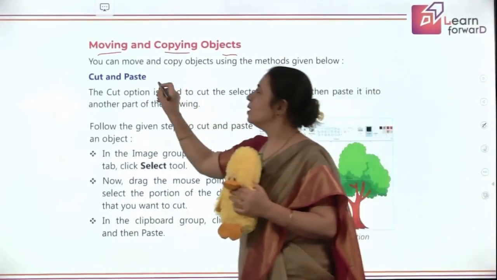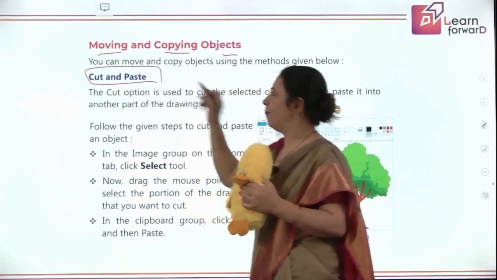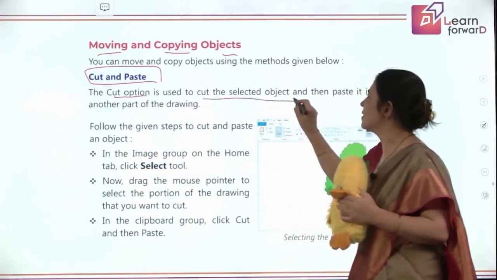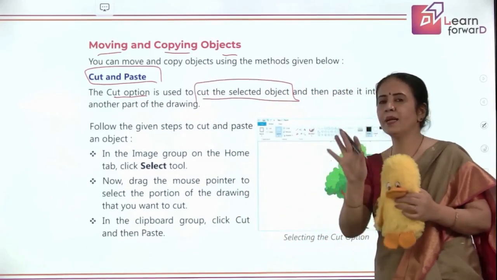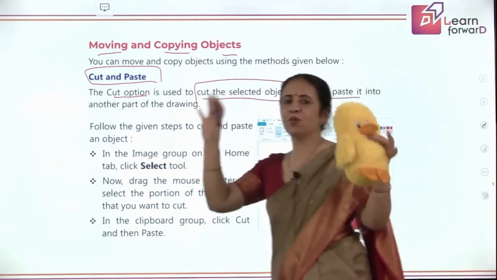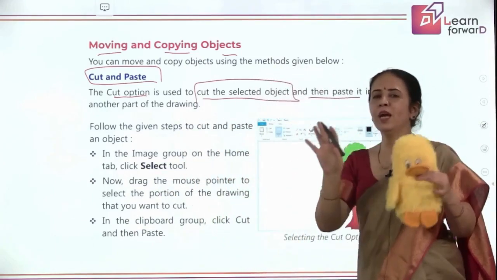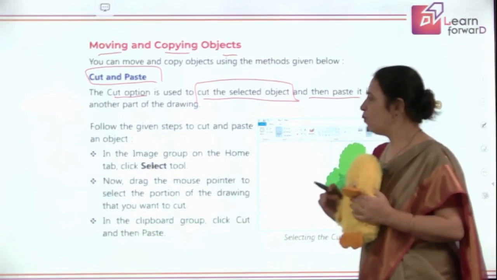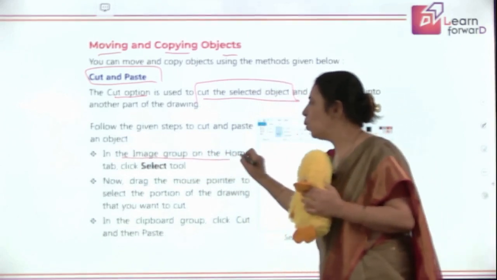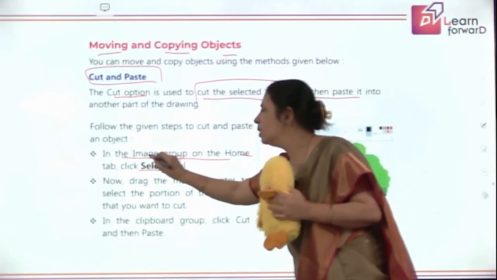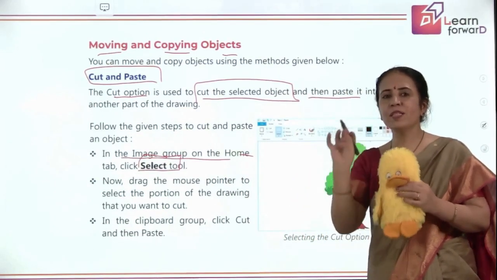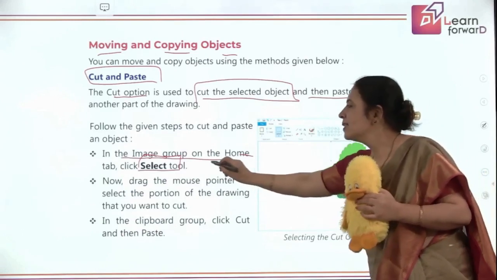So, first thing is we cut and paste. Normally the cut option is used to cut the selected part, the selected object, and then paste it to another part of the screen wherever you feel it would look better. For that, we first enter the image group in the home tab and we select the select tool and we click on it.